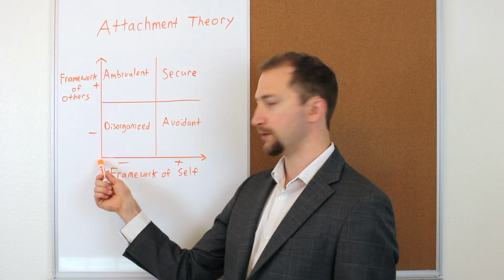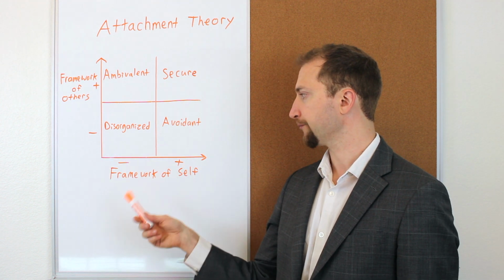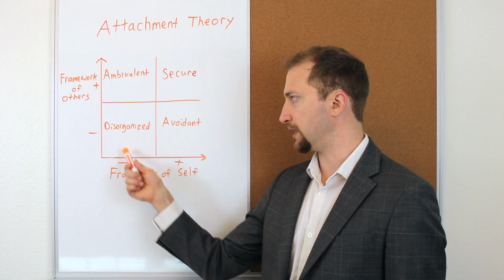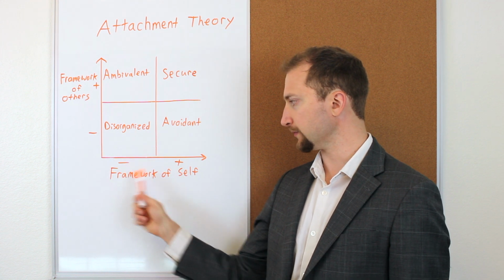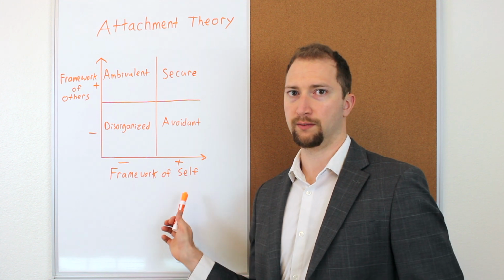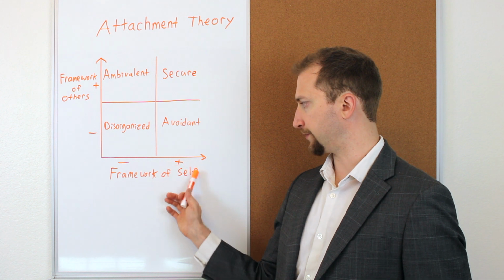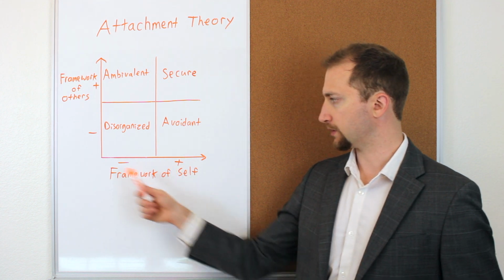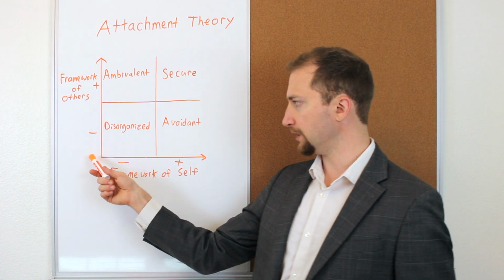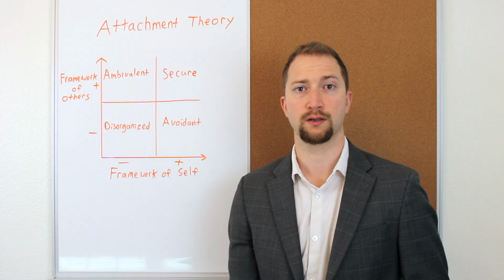So on here we have two scales. So down here we have our framework of self scale, which on this side we have a negative framework of self, meaning low self-esteem, low self-efficacy, not feeling secure in ourselves. And then over here we have a positive framework of self. Okay, so that's just one scale. Then we have scale number 2, which is your framework of others.